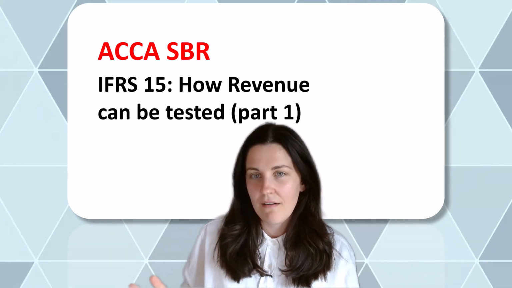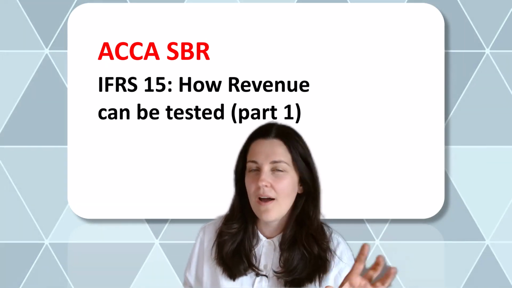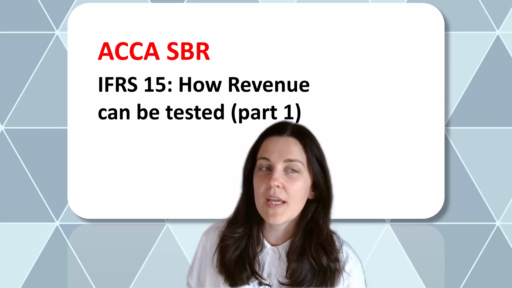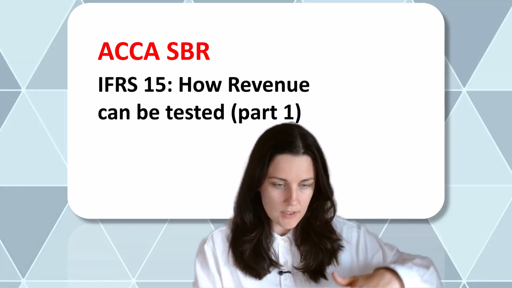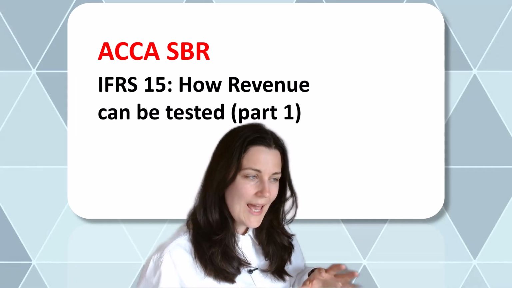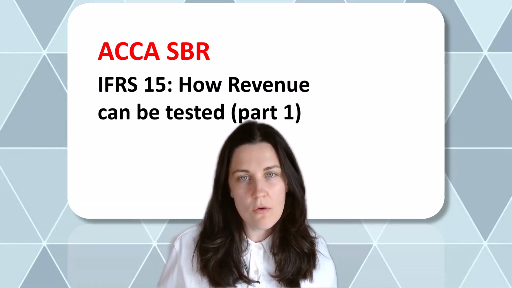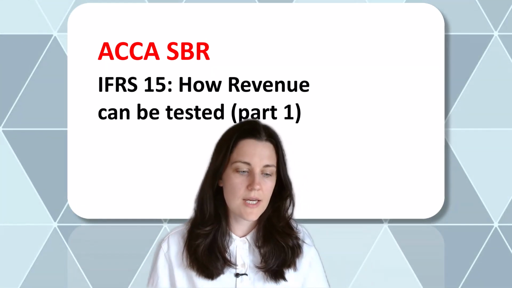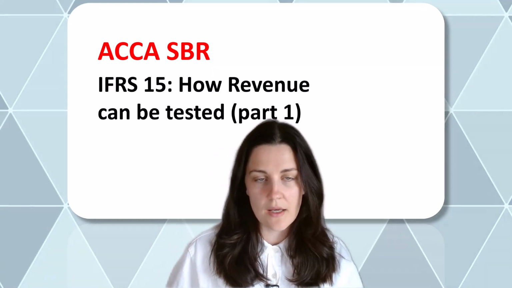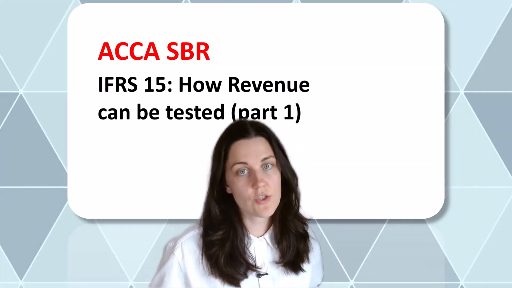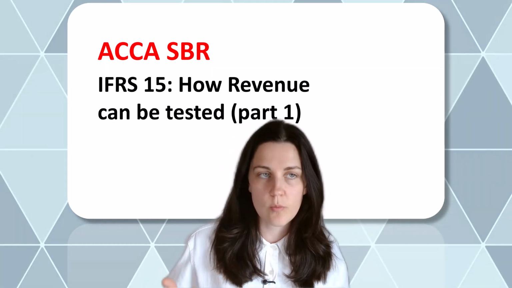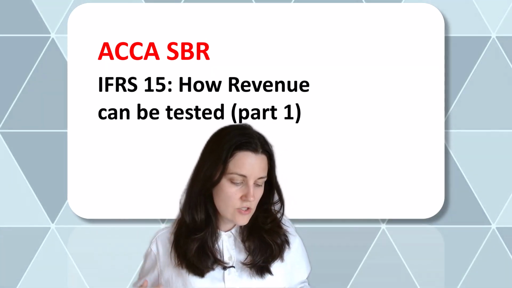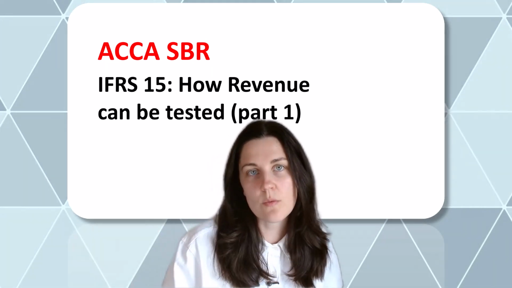And these are examples of how IFRS 15 revenue can be tested. When we talk about this standard, we have the 5 steps, and the 5 steps are mostly about the logic that revenue is recognized when an obligation was satisfied and when the consideration is probable. And the rest is just the explanation of that in more detail.